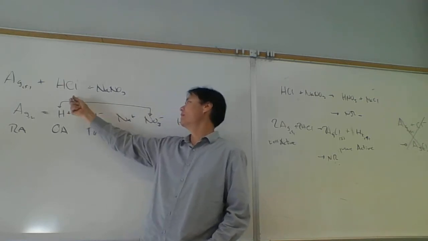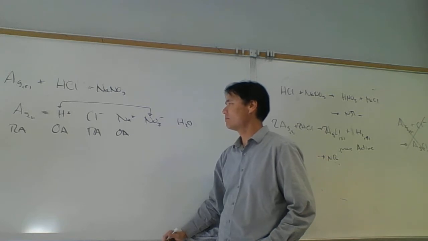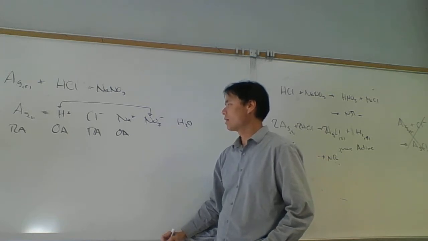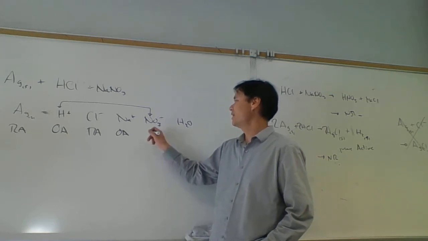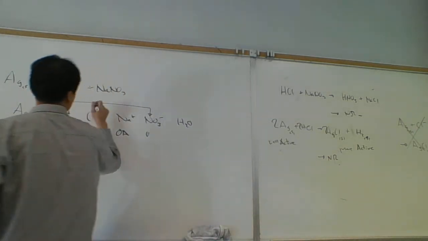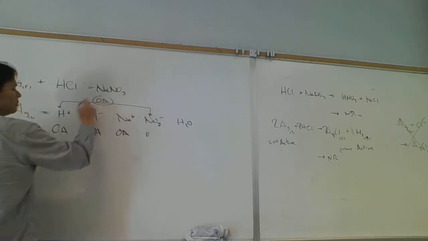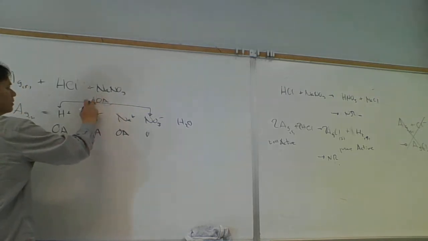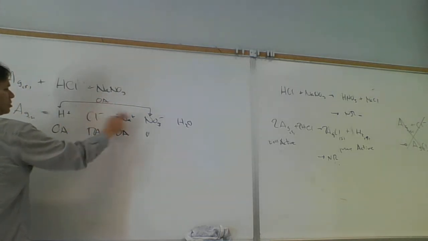However, if this is 1 molar HCl and 6 molar nitrate, then I don't have enough, but still it's going to react in the right ratio. And so nitrate and H plus, that's my oxidizer. So I'm going to put a bar connecting these two because they're going to work together. And that will be my oxidizing agent here. These two.